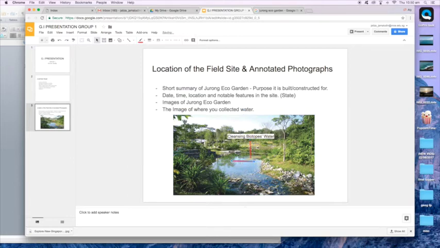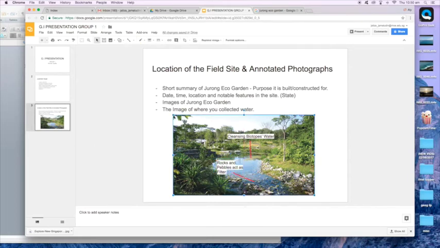Or you want to write down, there are rocks and pebbles here. Rocks and pebbles, a nice filter. And then you can see some aquatic plant life we saw.